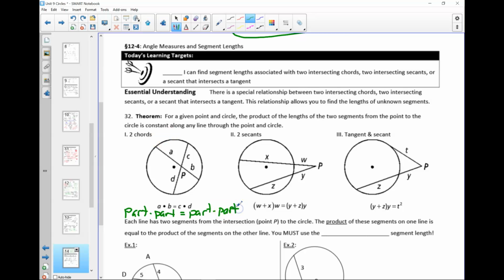Now, to rephrase that, this is basically saying take one chord and multiply the two parts that are created by the intersection. And that will equal the other chord's parts multiplied together.